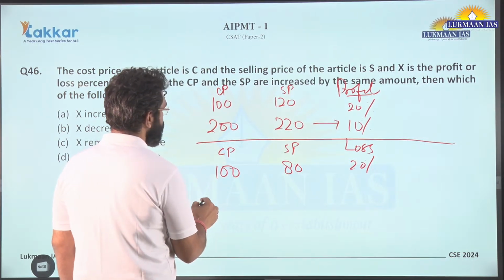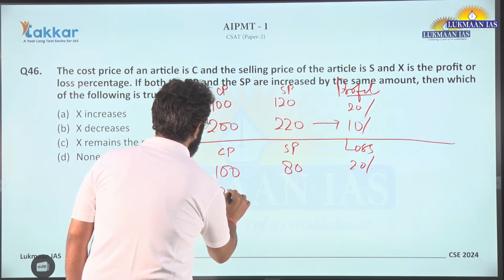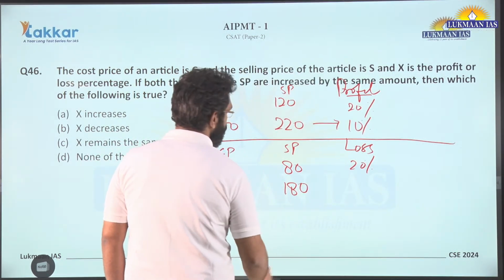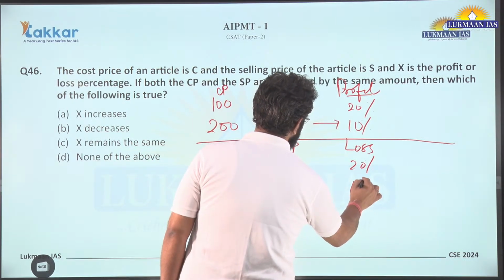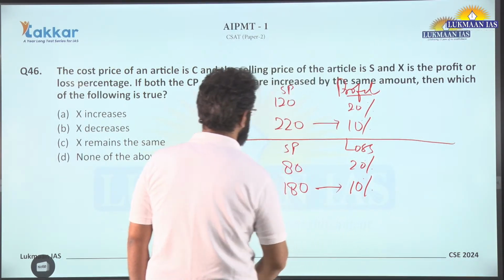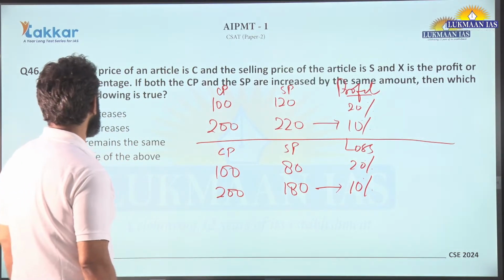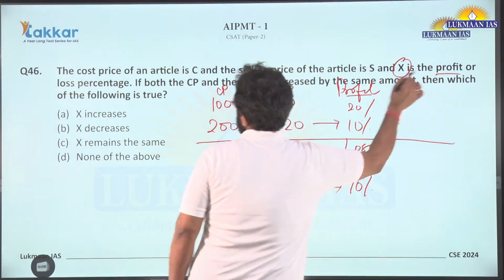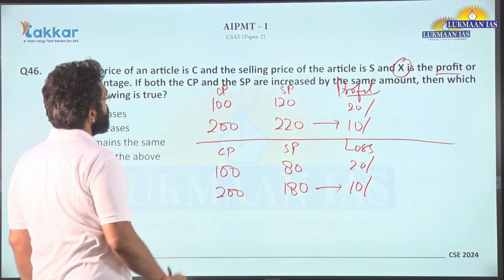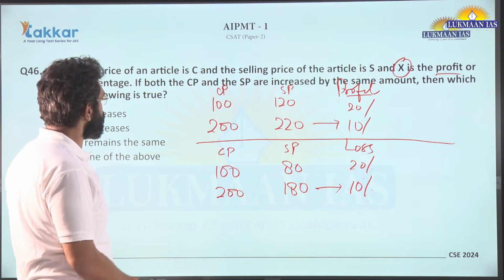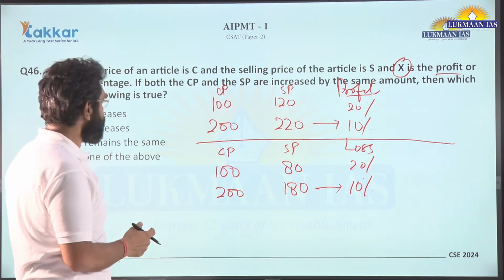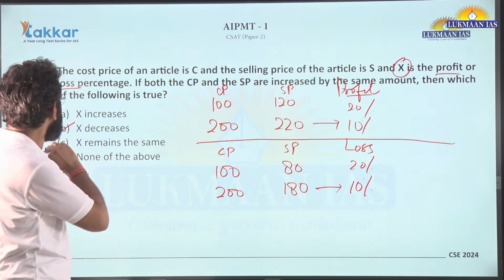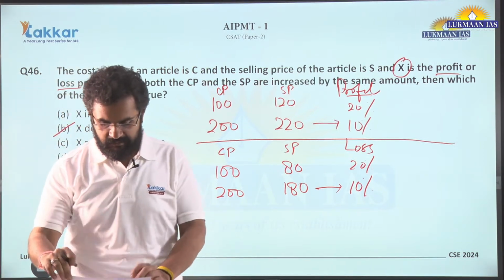If they are increased by the same amount, the cost price becomes 200, selling price becomes 180, and the loss percentage is reduced to 10%. So in both cases, the X, which can either be the profit or the loss, decreases if we increase the cost price and the selling price by the same amount. So option B, X decreases. Option B is the right answer.